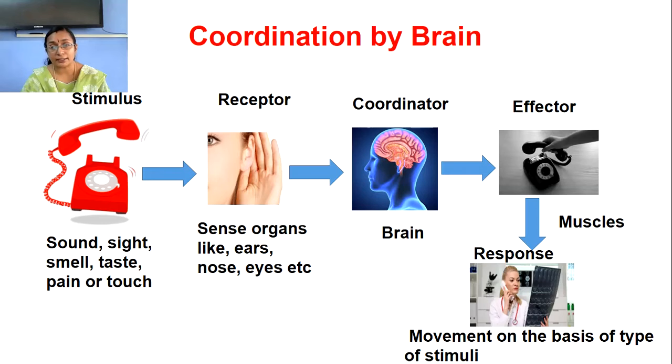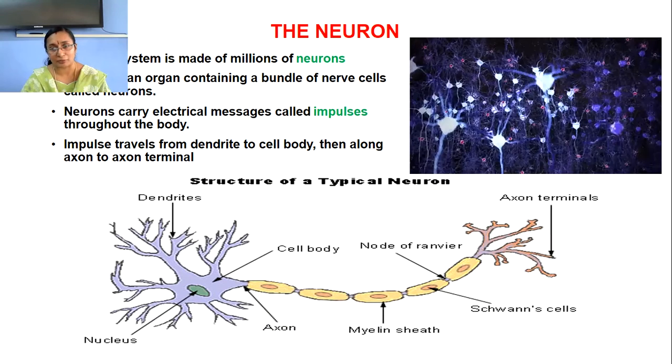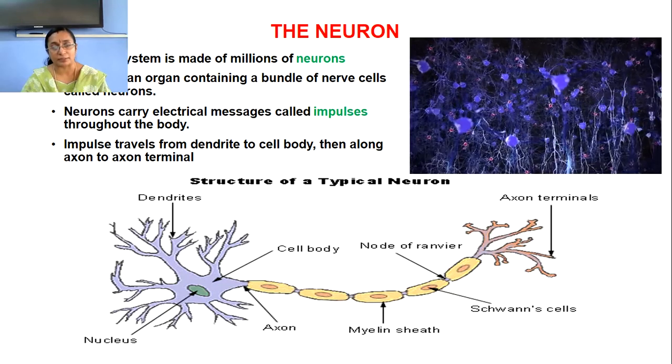Here the organs that do the action are called effectors, so our effectors are the muscles. The activity the muscles do is the response, here picking up the phone. So we see that movement is always based on the type of stimulus, which differs from one stimulus to another.